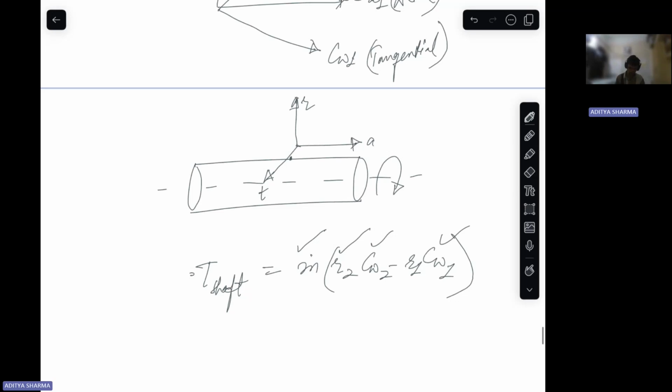So power will become m dot omega times (r2 C omega 2 minus r1 C omega 1). So this is it.